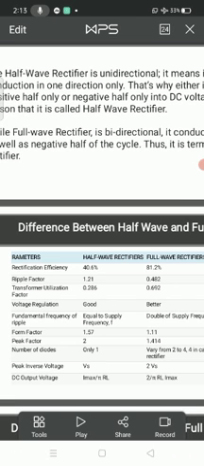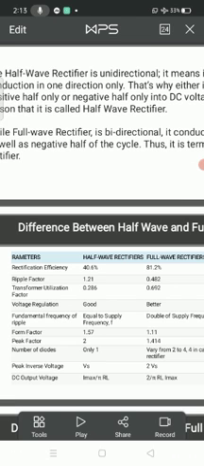Peak inverse voltage is Vs in the half wave rectifier. In the full wave rectifier, it is 2 Vs. Next, DC output voltage is I maximum by pi RL in the case of the half wave rectifier. In the case of the full wave rectifier, it is 2 I maximum by pi RL.